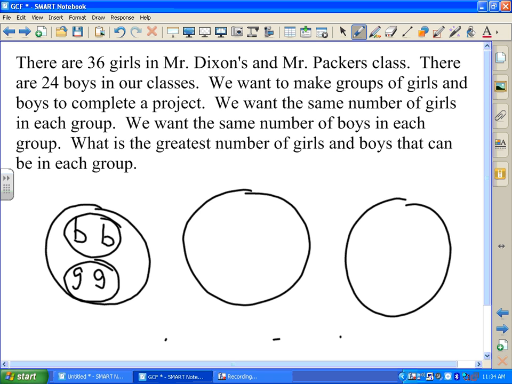If I have this huge group and I'm breaking it into parts, what operation is that? I'm dividing it. I could subtract it, right? To take a big number and get smaller, I'm using division or multiplication. But here, I'm going to have to divide it by the same number, correct?